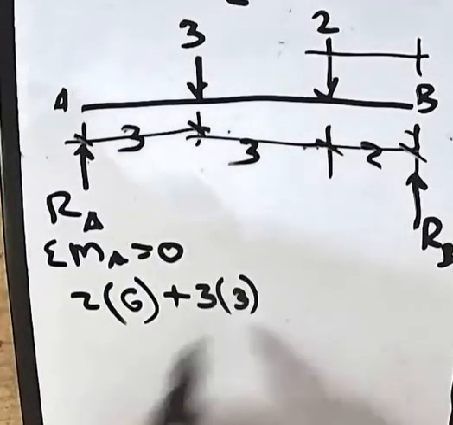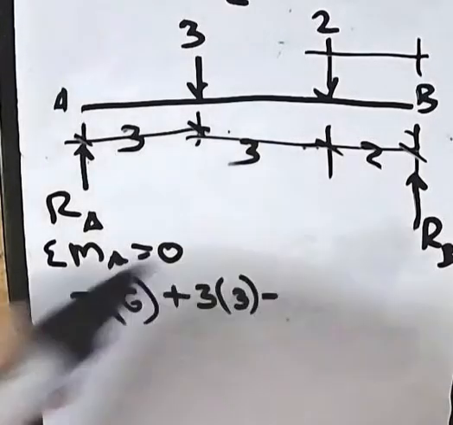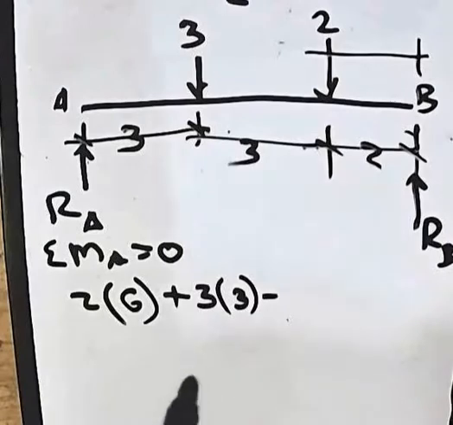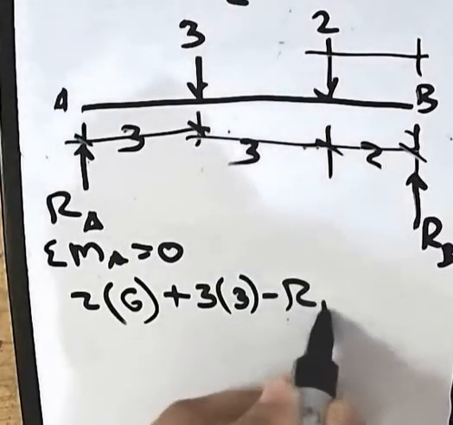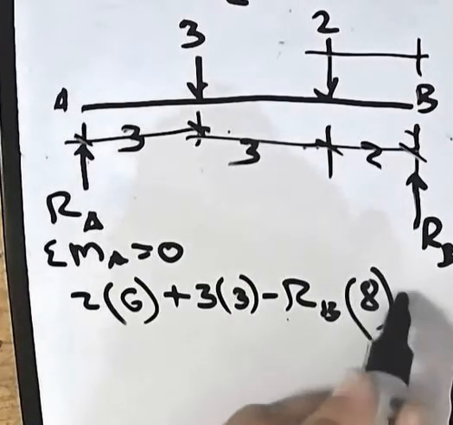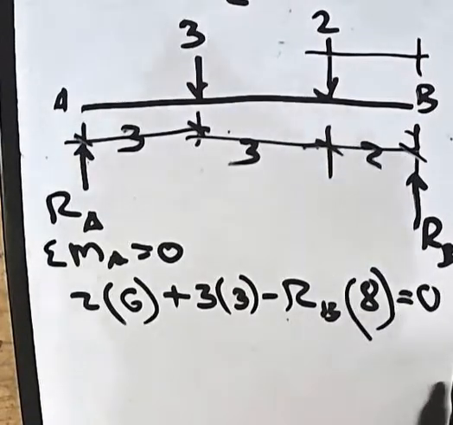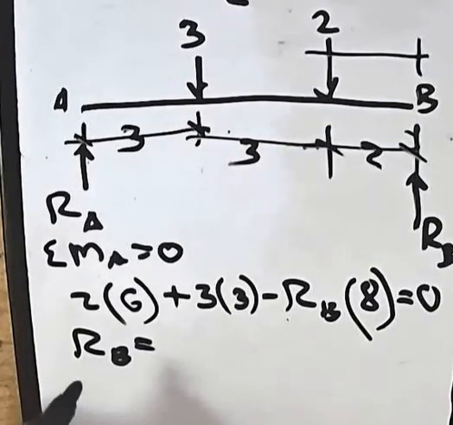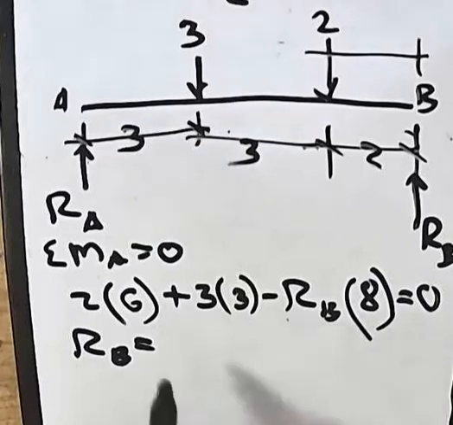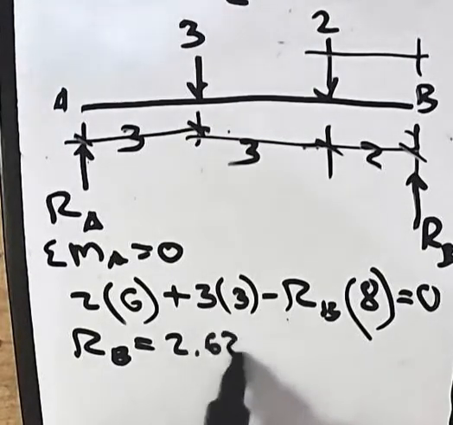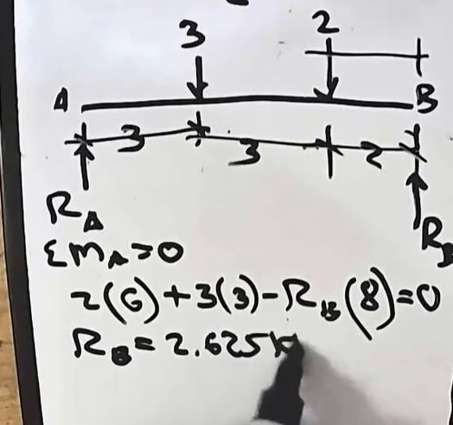So, 3 times 3. Minus, take note that reaction at B is counterclockwise in direction. Minus RB times the lever arm of 8 is equal to 0. So, from here, you can easily solve reaction at B, which is equal to 2.625.